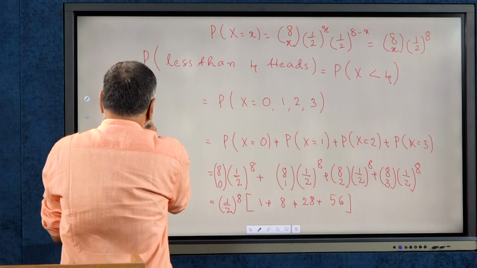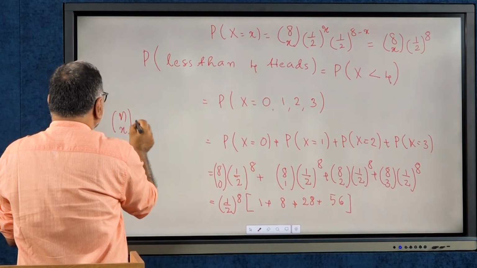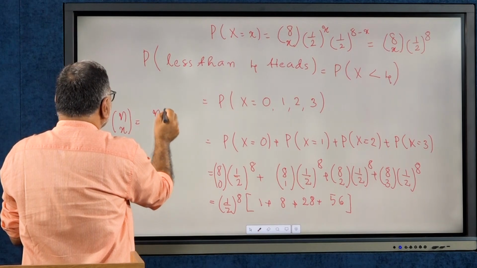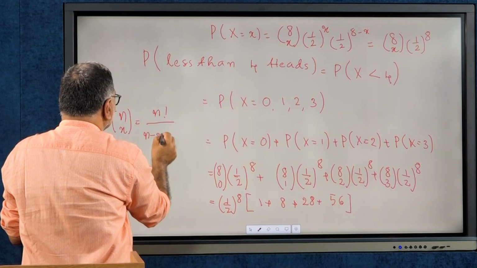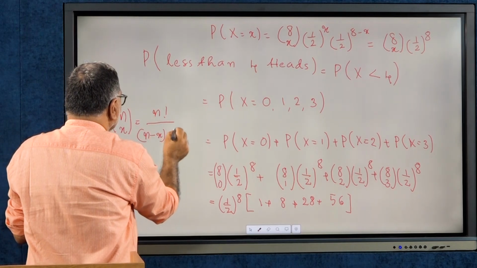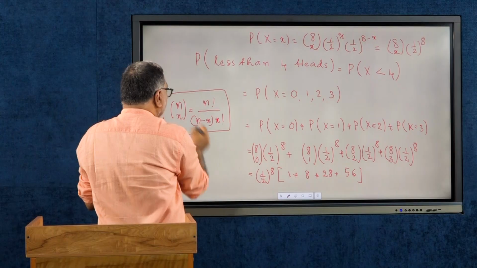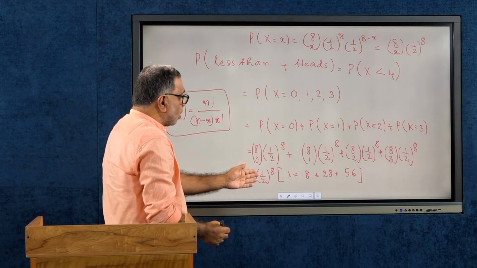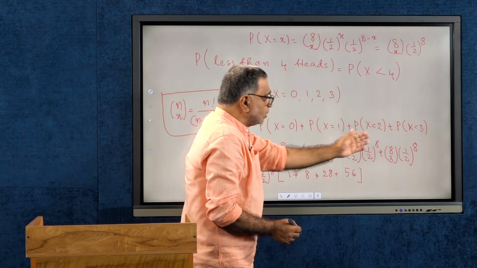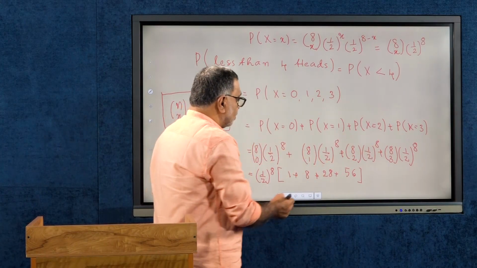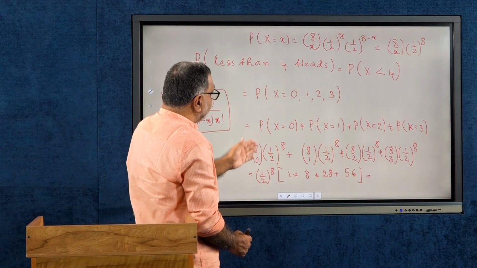You can simplify nCx, this value is actually n factorial divided by (n minus x) factorial x factorial. Using this, we have the value of 8C0 is 1, 8C1 is 8, 8C2 is 28 and 8C3 is 56.